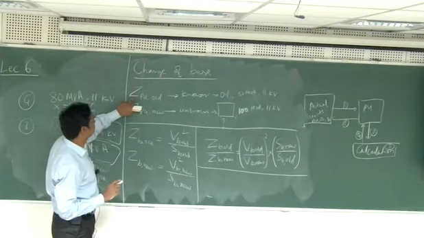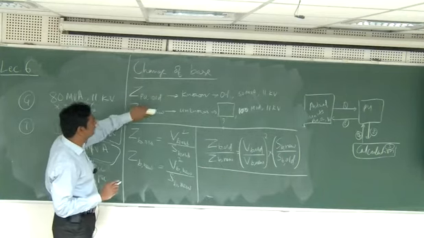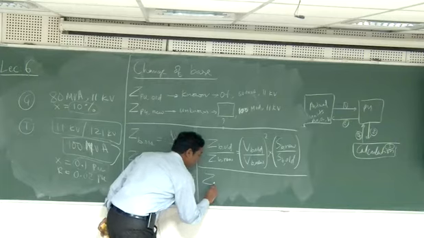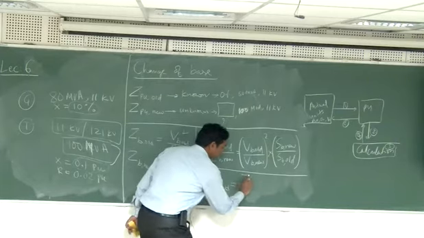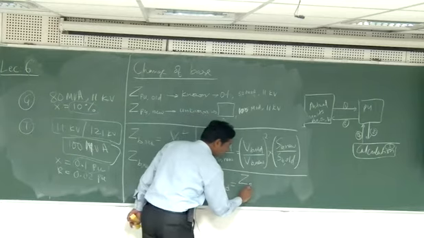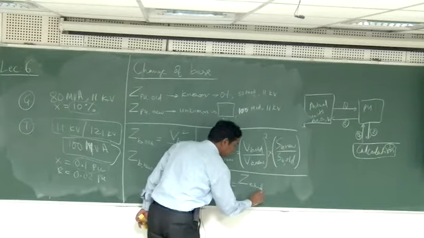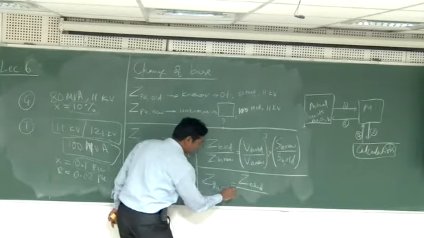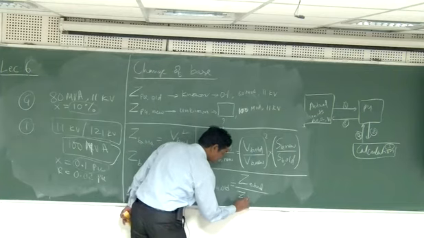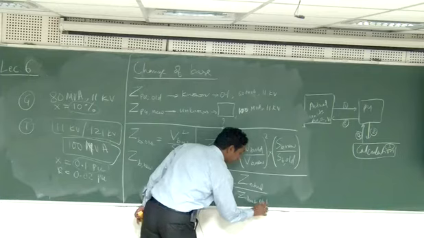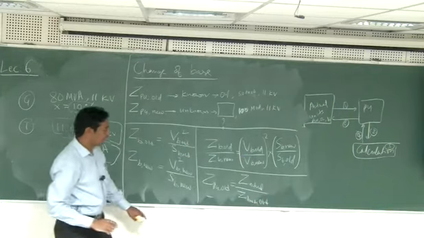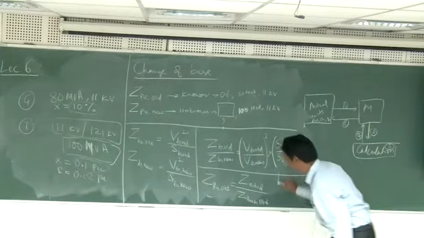Now, what is this one? Z per unit in old. Z per unit old is what? Z actual divided by Z base old. What is the other one?